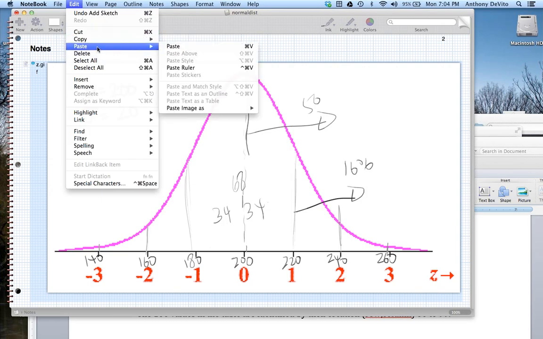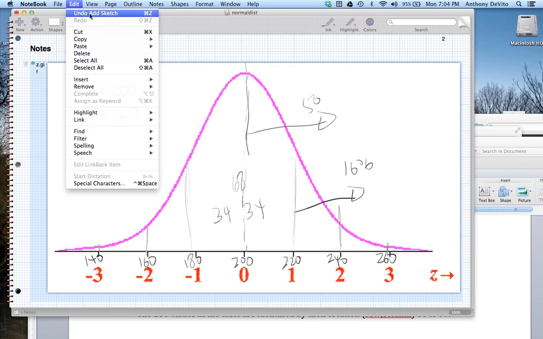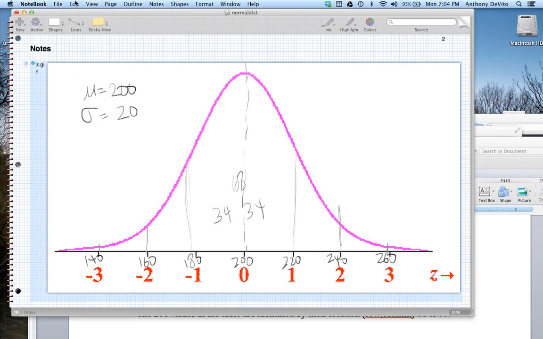Now, if we wanted to look beyond the empirical formula at a value that's not a whole number of standard deviations, say if we wanted to know what percentage of the population was below 216, that would be roughly around here, and the area would be what's to the left of that value.